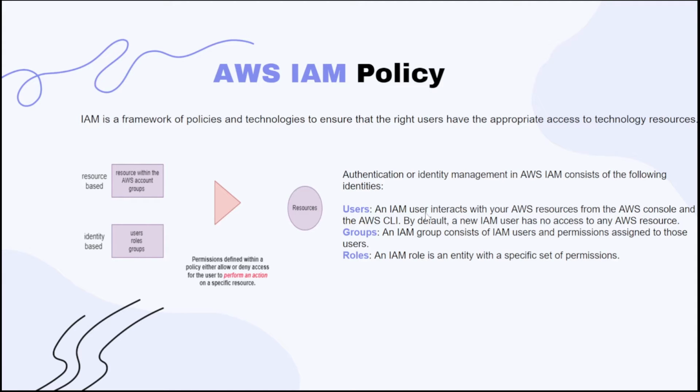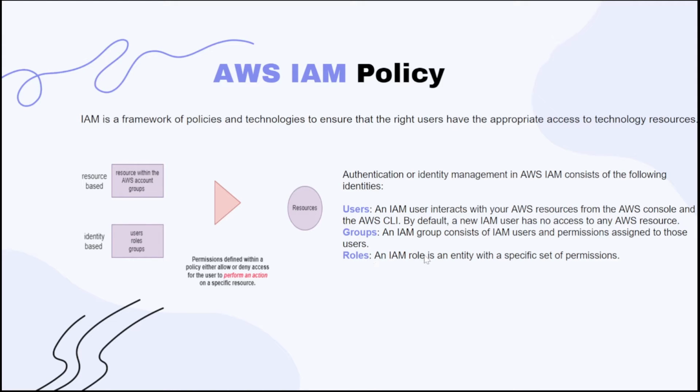Users interact with the AWS resources from the AWS console and the AWS CLI, command line interface. By default, a new IAM user has no access to any resource. Or groups, which consist of IAM users and the permissions assigned to those users.